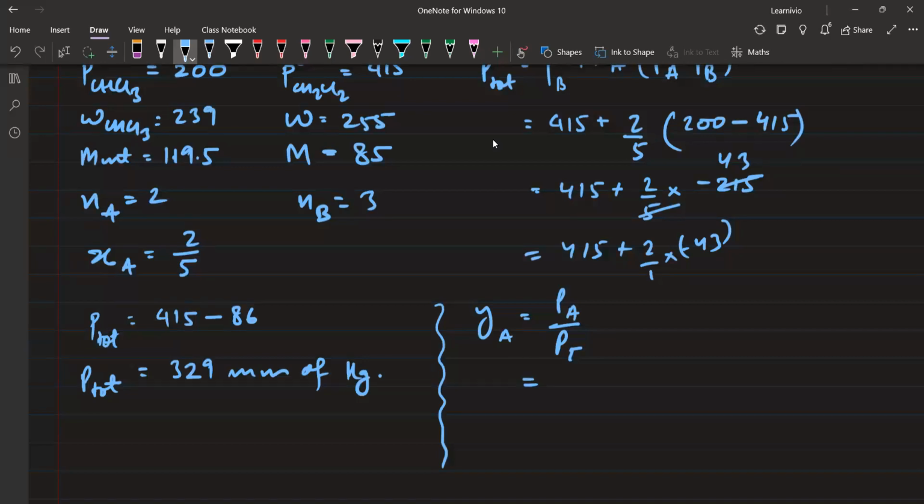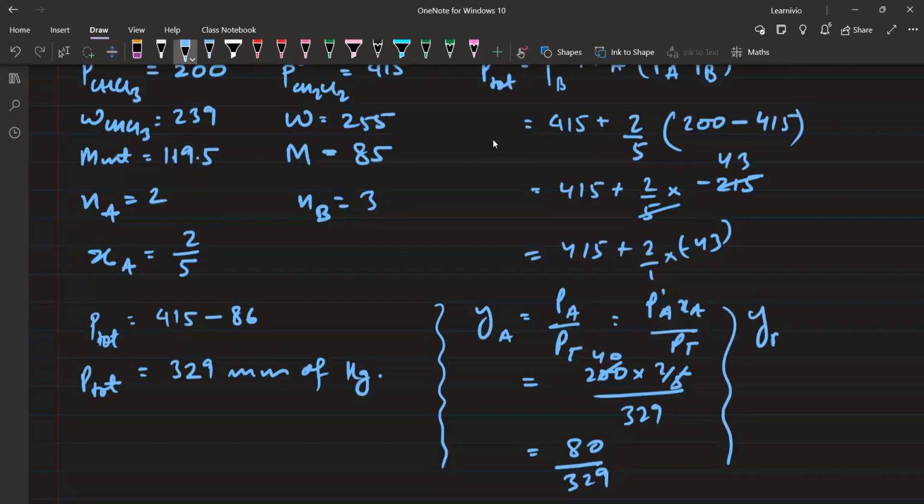PA will be equal to P naught A multiplied by chi A, that is 200 multiplied by 2 by 5, the mole fraction. Then P naught A chi A divided by P total. This whole thing will be divided by 329. So this will be equal to, we can cancel this, 40 into 2 is 80. 80 upon 329.